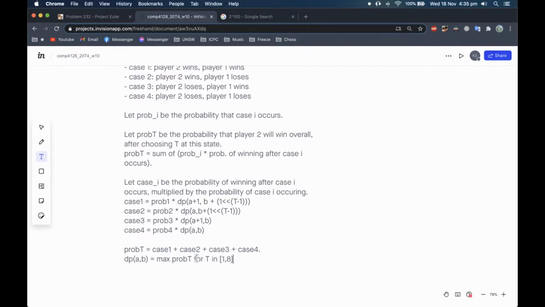We'll just test every single t between 1 and 8, and we'll get the maximum out of all of them. Did anyone spot something wrong with this recurrence? There's one problem with this.